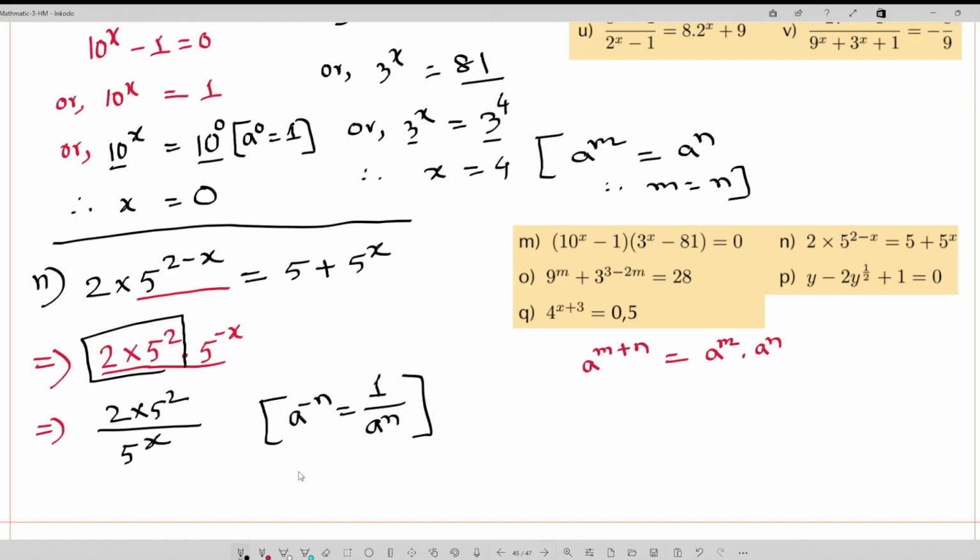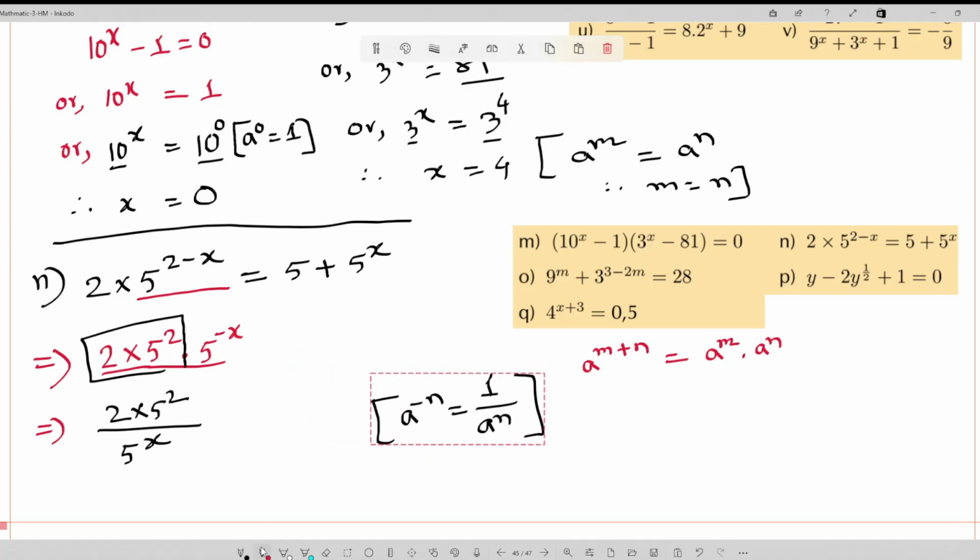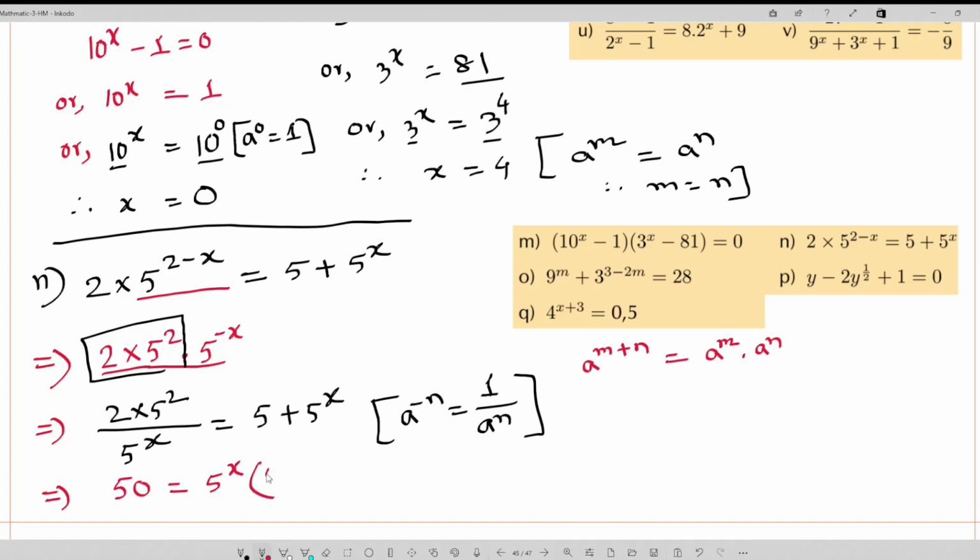So we have to know the law of exponents, which is very important. We can move this one slightly to the right side. Then here is 5 plus 5 to the power x. Here 5 square means 25, and 25 times 2 means 50, equals this one, 5 to the power x times 5 plus 5 to the power x.